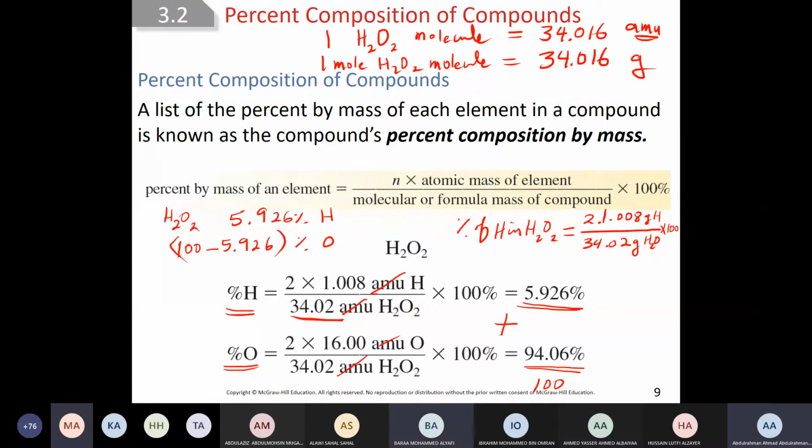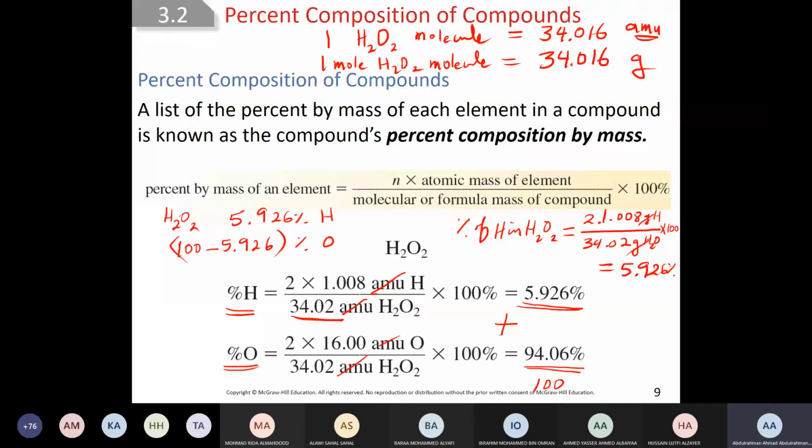Yes, we can. Why? Because we have the same units. We'll go with gram, and we're going to have 5.926%. I hope this is clear.